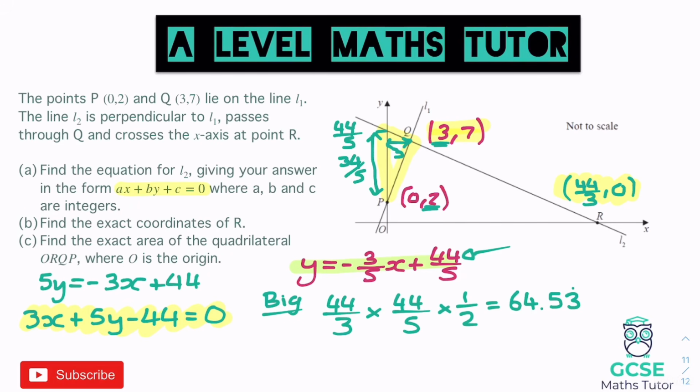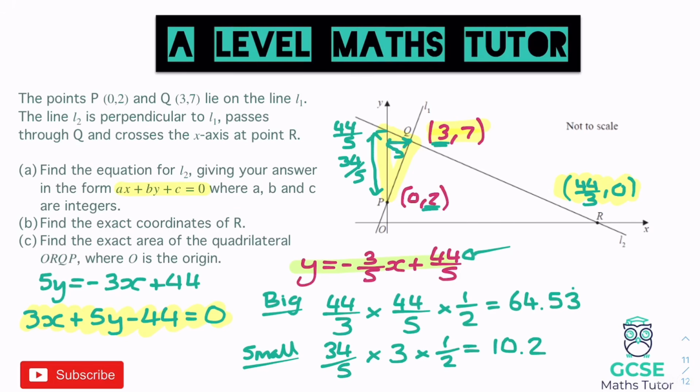So for the small triangle, we have our base, which is 34 over 5. We have our height, which is 3, and we're going to times that by a half or divide it all by 2. If we type that straight into the calculator, we get 10.2 as the area of the small triangle.